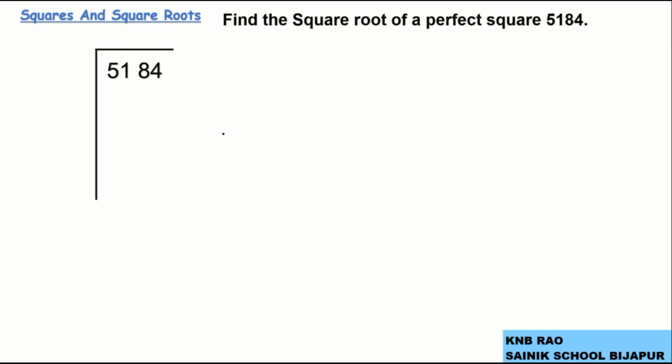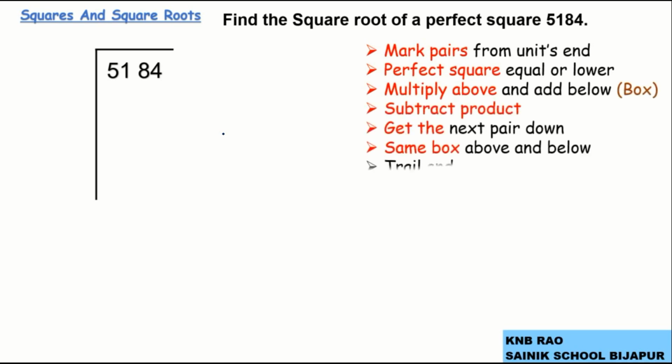Next we follow these steps. You know these steps: the first step says mark the pairs from the units end. From the units end, this is the first pair, this is the second pair, and amongst them the leftmost pair is 51. Now the second step says choose a perfect square, equal or lower.